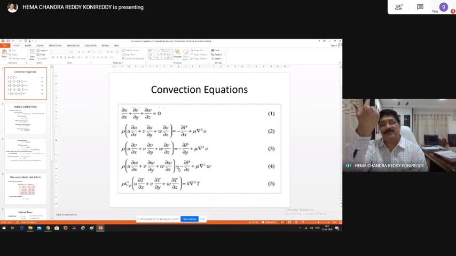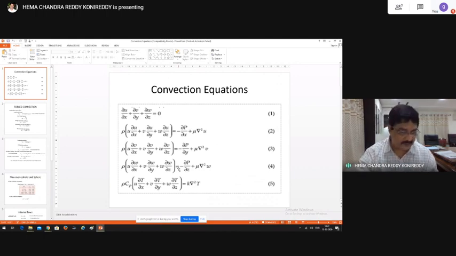You don't want it to be taken off from the road. So you always design it otherwise. The lift force should be in the reverse direction, so that the vehicle always is kept intact on the road. So the stability of the vehicle will be more. So with that, I think I have explained the convection, lift and drag force.